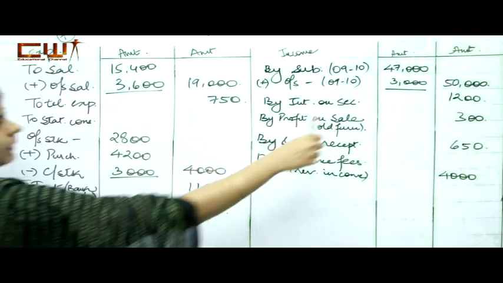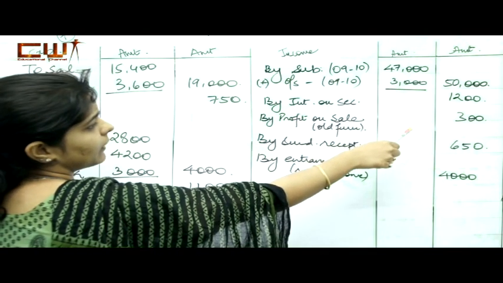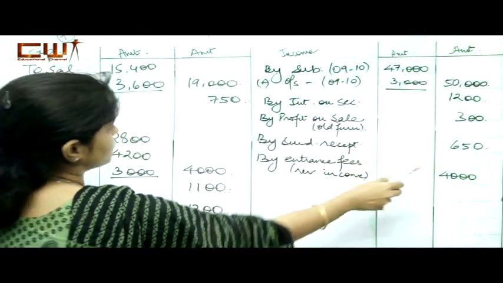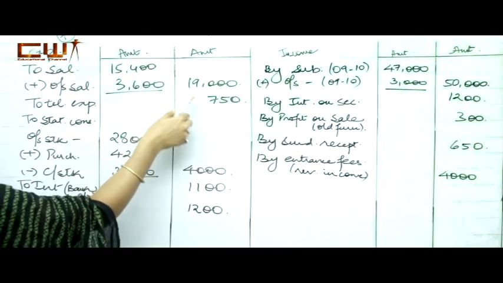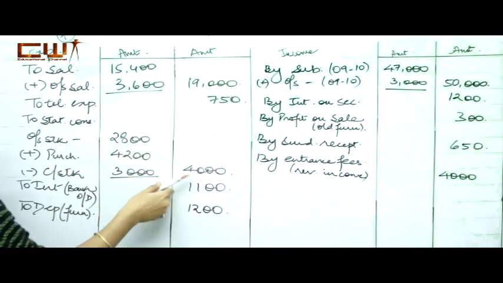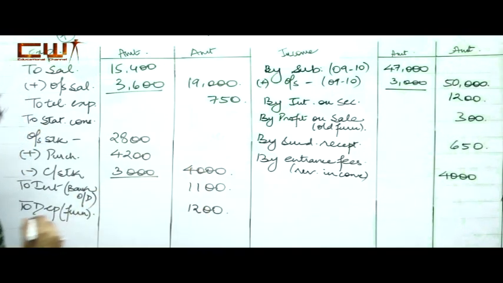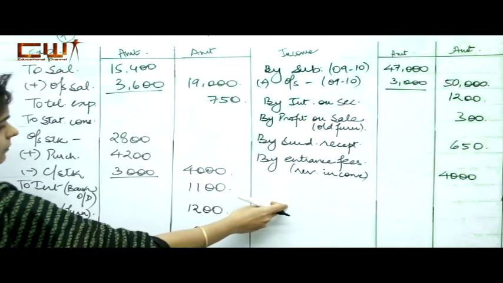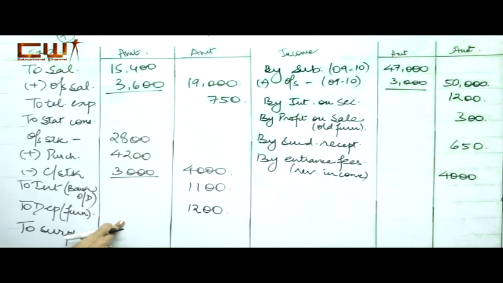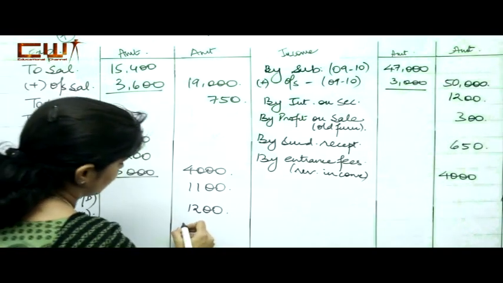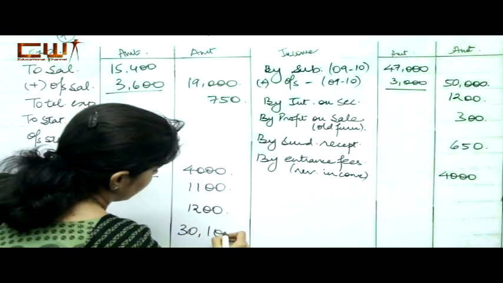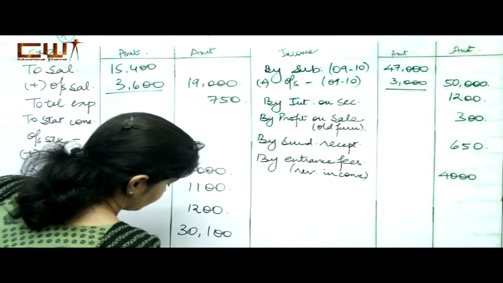Now you add up 50,000 plus 1,200 plus 300 plus 650 plus 4,000 minus 19,000, 750, 4,000, 1,100 and 1,200. So you will get a surplus. Surplus means the income side is more than the expenditure side, and that comes out to be 30,100.